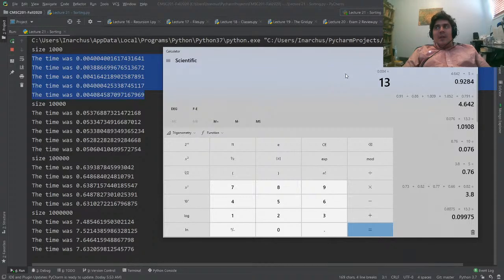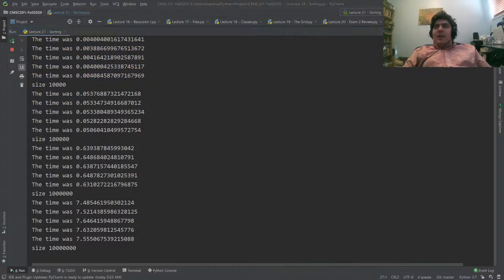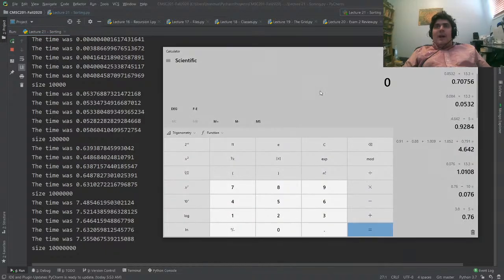If we multiply this by 13.3, we get about 0.532, which looks remarkably similar to approximately the average here, right? Which if we then multiply it again by 13.3, oh, it actually overestimates a little bit here, 0.70 this. So, okay, it overestimates a little bit here, but, okay, fine.